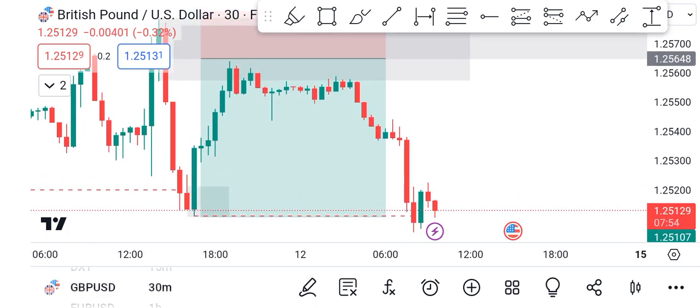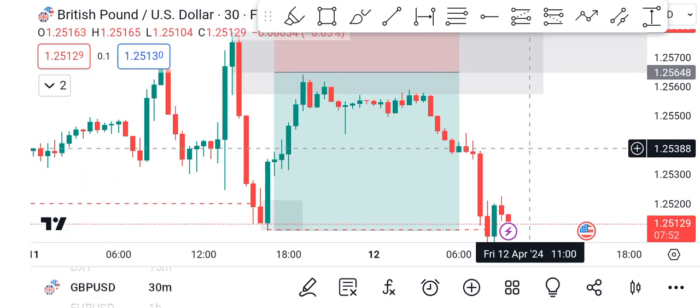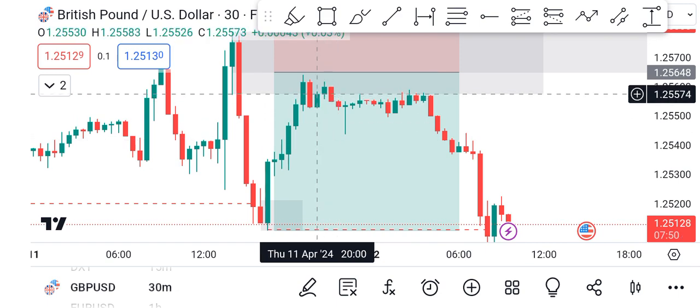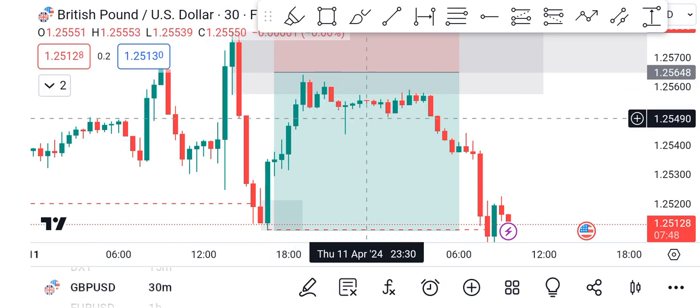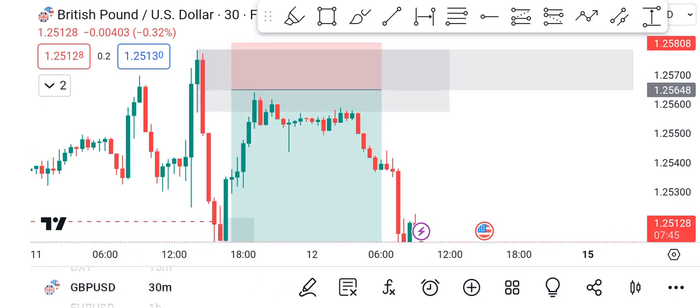But what actually happened here was this trade I missed. There's actually a confirmation entry here. I actually told Tife this.